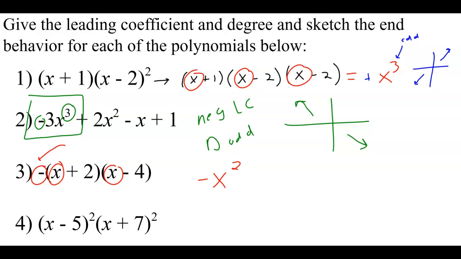But regardless, this would be a negative x squared polynomial. So the fact that the degree is even and the leading coefficient is negative, a negative even starts at the bottom and ends at the bottom. Remember, even starts and ends in the same spot.